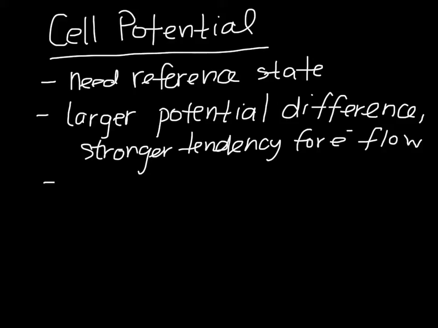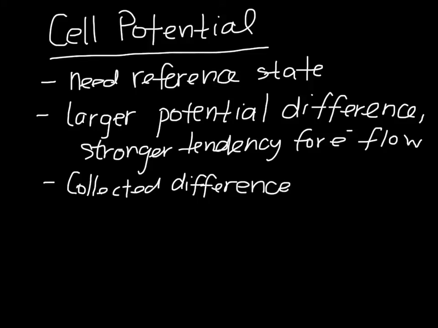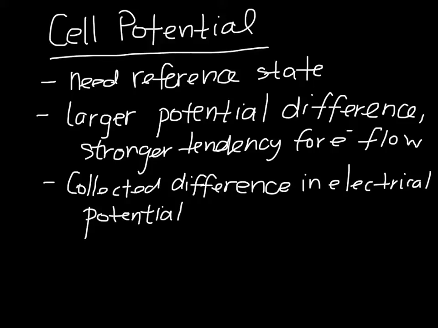So for an electrochemical cell, the cell potential is just the collected difference in electrical potential for all reactions. And by all reactions, we mean the reduction half reaction and the oxidation half reaction.